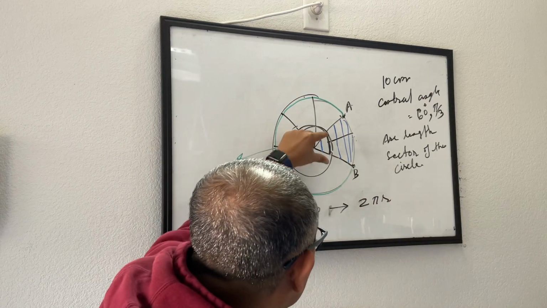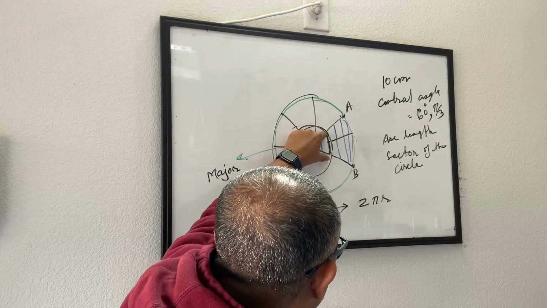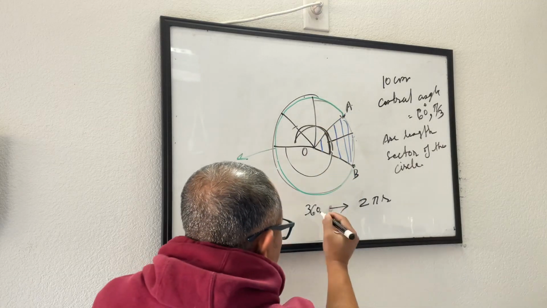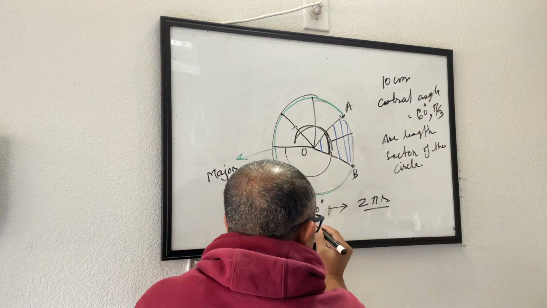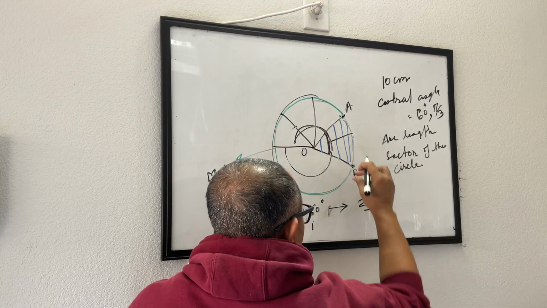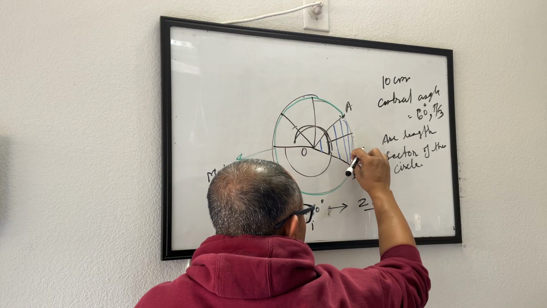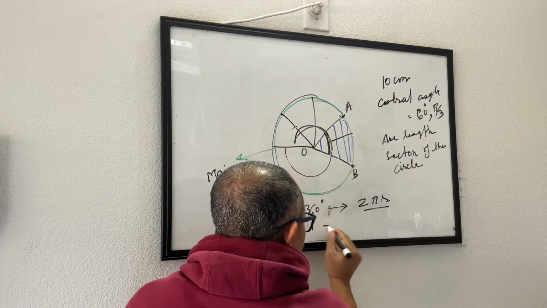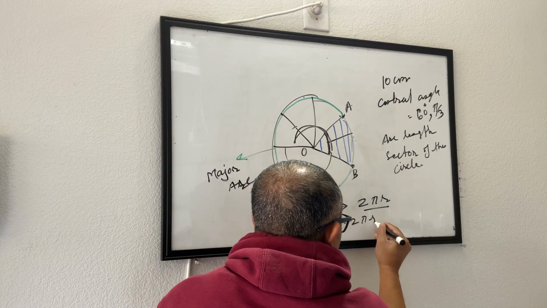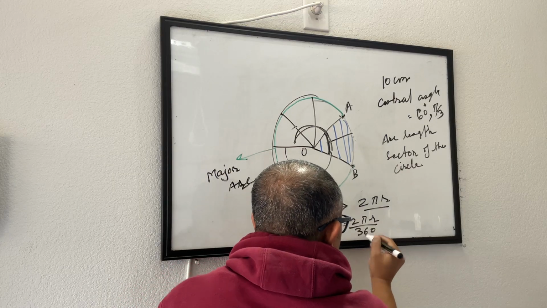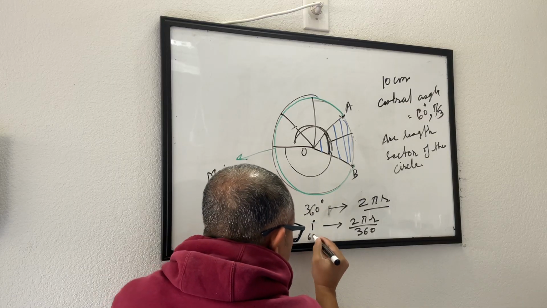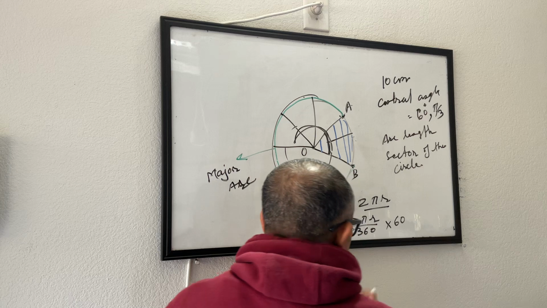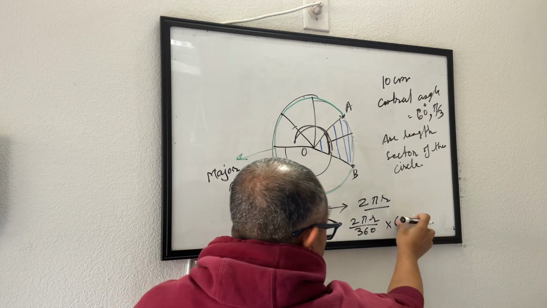But right now we are only talking about a small portion of it, which makes only 60 degrees. So for 1 degree, the length of the arc will be 2 pi r divided by 360. For 60 degrees, I will multiply this whole thing by 60. So that is how Praneeth said 60 over 360.